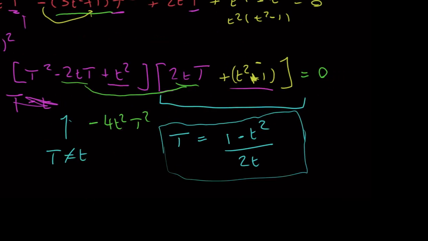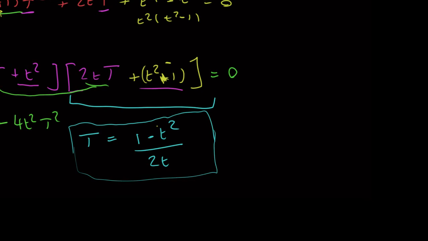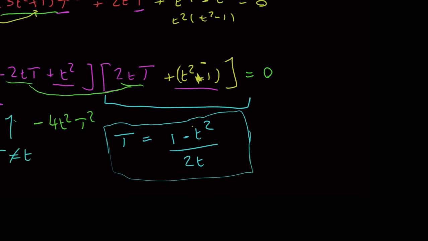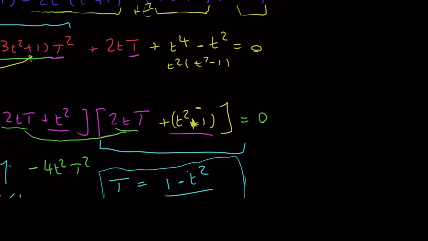Well, I guess what you could say is, suppose it was 1. And there's a couple of ways you can do this. You can go back to the equation and say, well, then the coefficient of this is 0, and that leads to bad things.